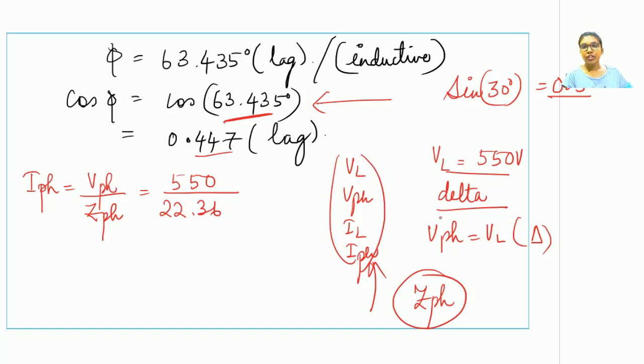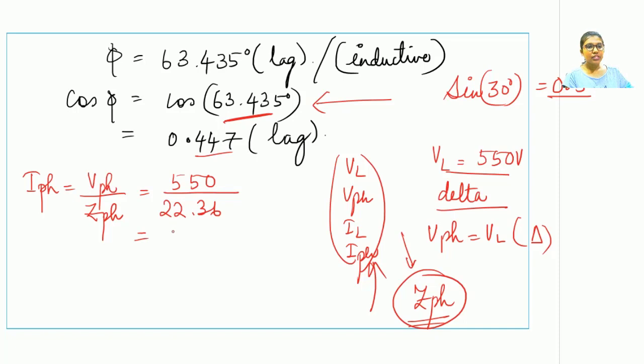In order to avoid these confusions while solving the numericals, for a three-phase system, it is wise to consider only the magnitude part while solving the numericals, and all the angle part can be reflected in the Z phase, which in turn represents the load impedance per phase.